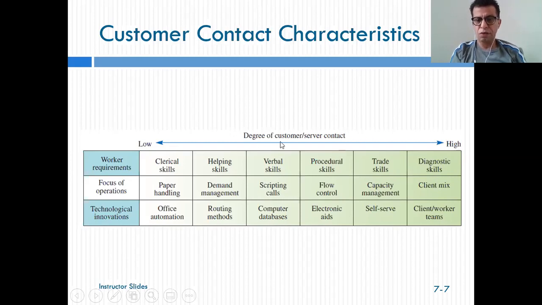So this degree of customer server contact determines what kind of worker requirement as skills, what it needs to focus on, what kind of operation needs to be done, and the technological innovation, whether you need office automation or an electronic aid such as RFIDs, self-service, or client worker teams. These are all determined by this level, how high and how low you need to look at it.